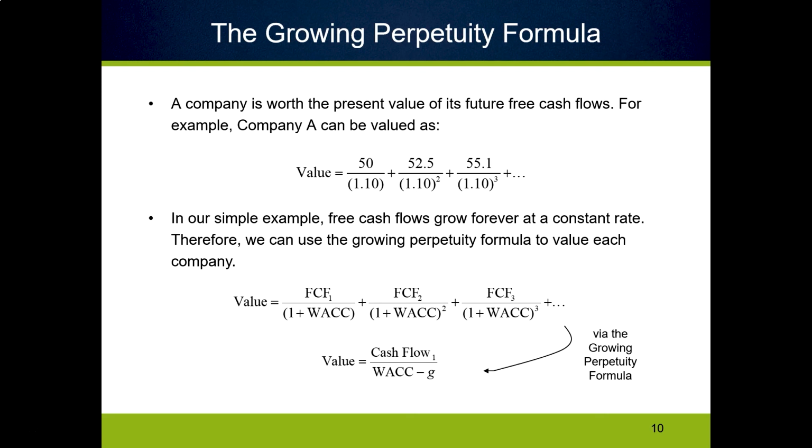If we have an infinite number of those and a few assumptions are satisfied, they condense down into this model at the very bottom, which says that value today is equal to the first free cash flow, that's next period's free cash flow, divided by the discount rate, which we're going to say is the weighted average cost of capital for the firm, minus the growth rate in the cash flows.